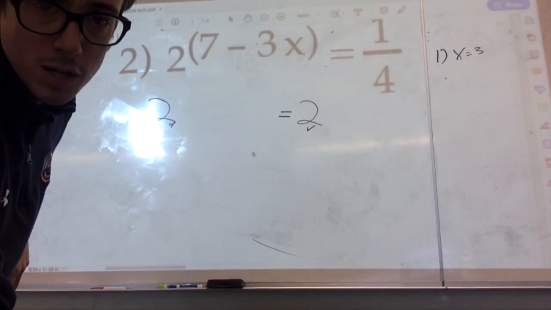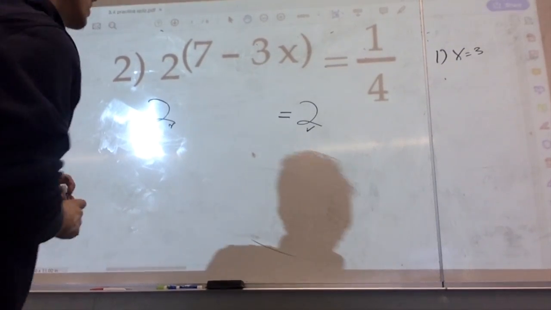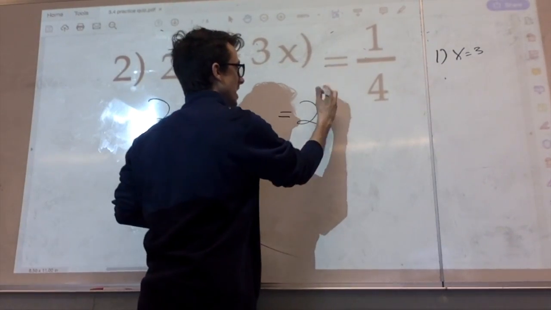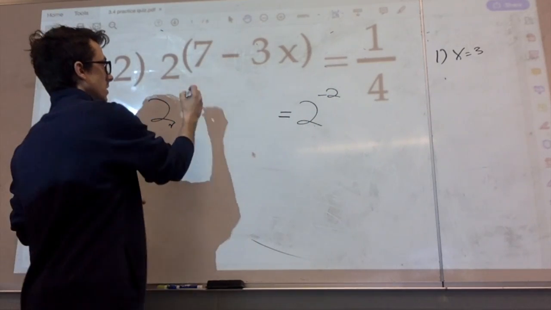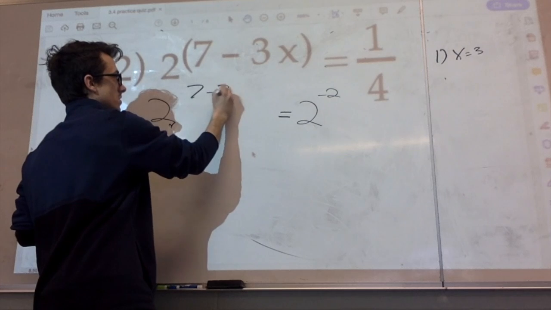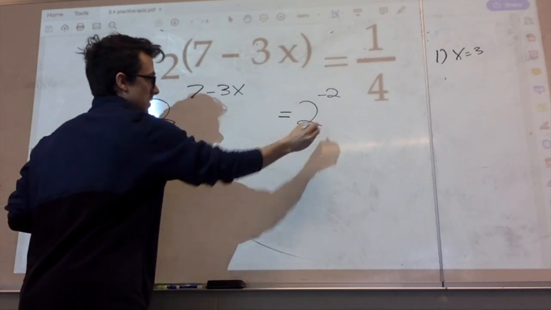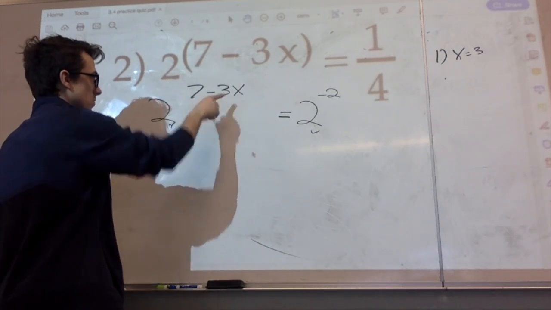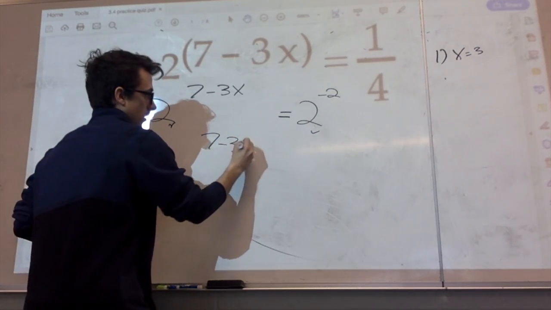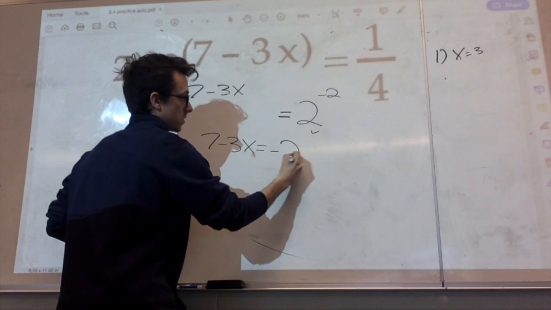It's tough kind of going here, but yeah. All right, 1/4 is going to have an exponent of -2. We've seen negative exponents before. This exponent here is now 7 minus 3x. Our bases are the same, so now we just focus on exponents. So we have 7 minus 3x equal to -2.